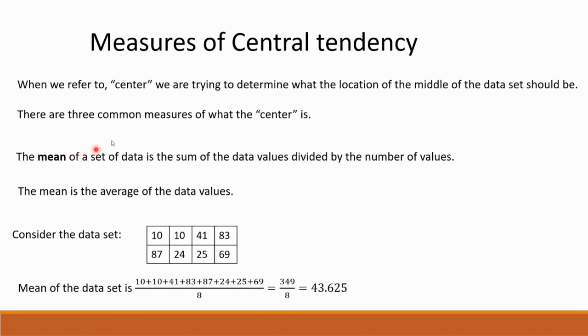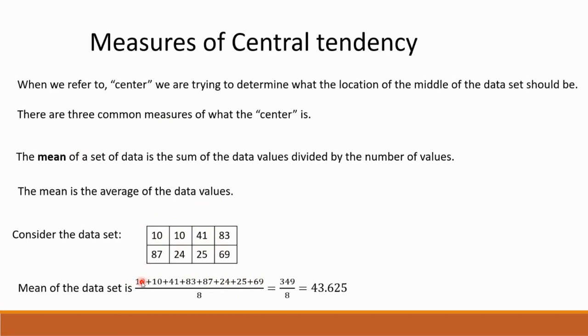So that's what we can do. For instance, let's say we had this data set. I put it in a table. As you can see, to get the mean of this data set, we just add up the data values like I'm doing down here, and we divide by how many there are.